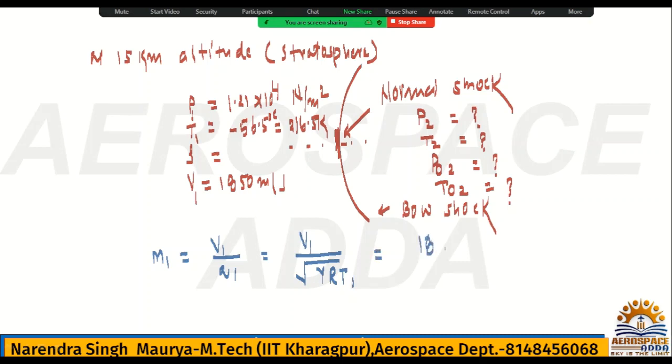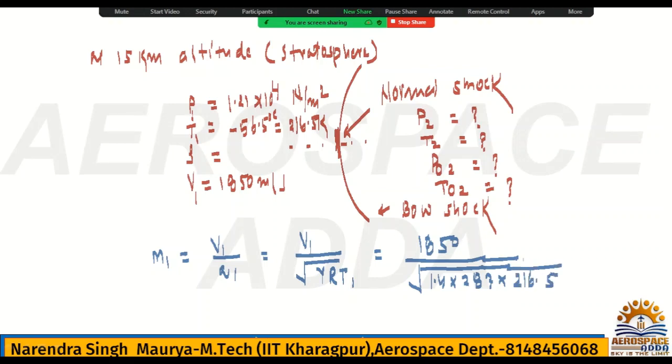V1 they have given 1850. They have said air treated as a perfect gas, so gamma 1.4 given, R is 287. You have calculated at 15 kilometer altitude, temperature is 216.5. If you solve this and check what value you may get after solving this, 6.27.